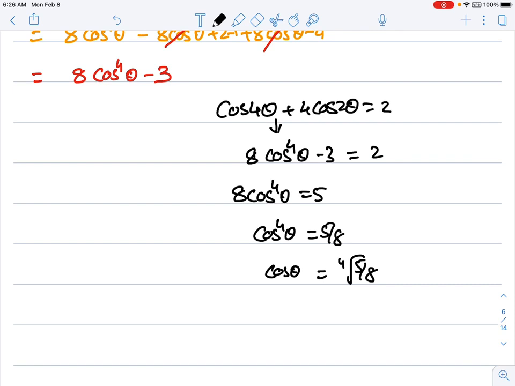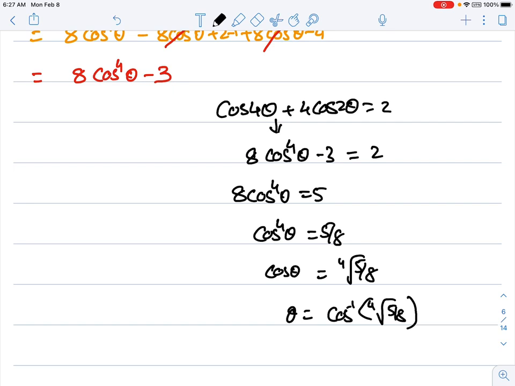So let me quickly take the calculator. 4th root of 5 upon 8, and theta is equal to cos inverse of 4th root of 5 upon 8.